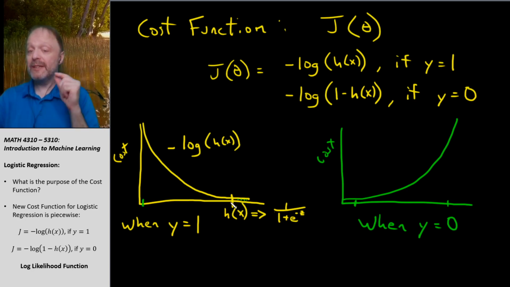But if it sorts it into the wrong group, it has a huge cost penalty that is going to jump the cost up dramatically.